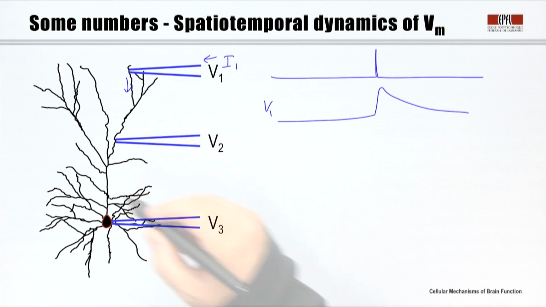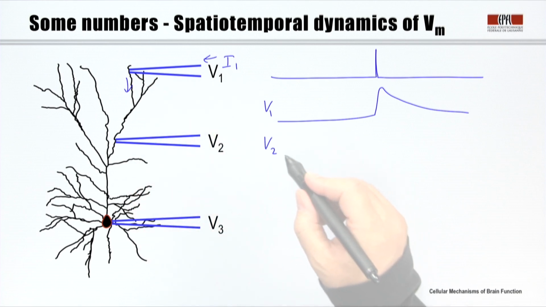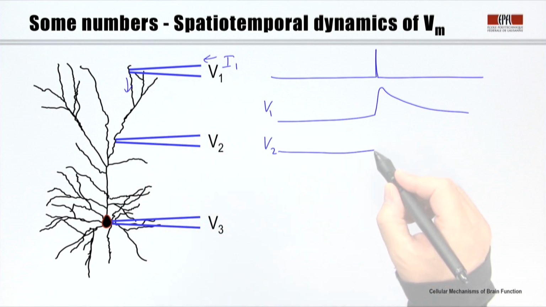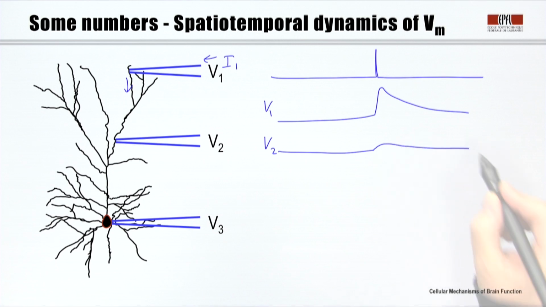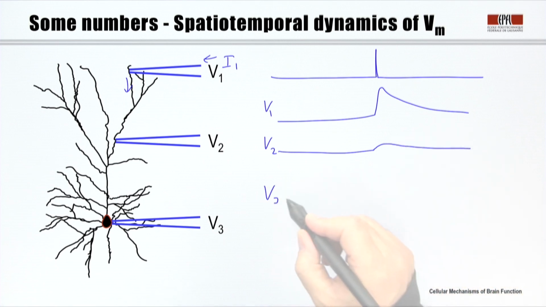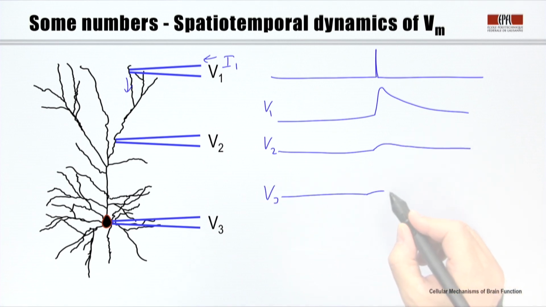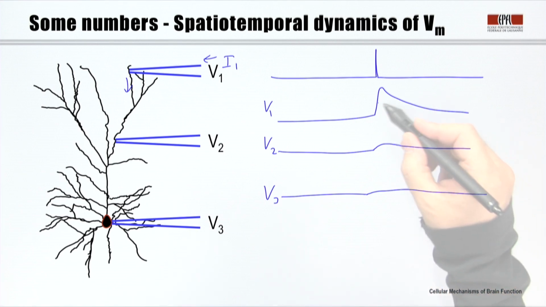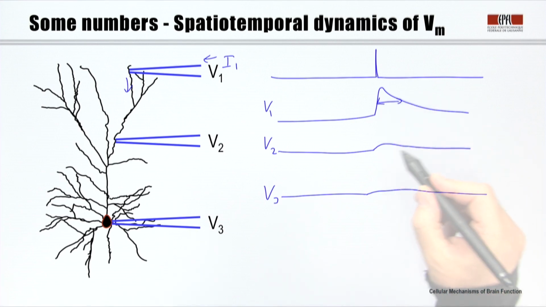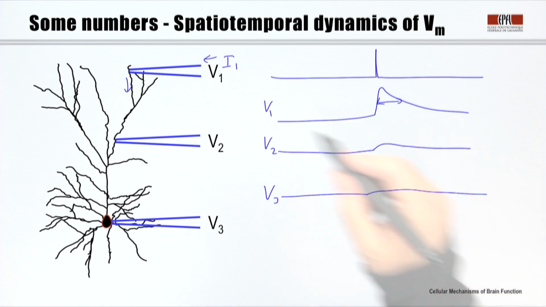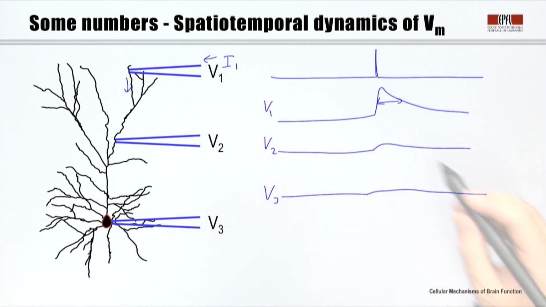What we see at electrode 2, however, is a highly filtered version of this, which is much slower, and electrode 3, if we see anything at all, is again slower and smaller. The half-time of these membrane potential changes is very different comparing these different locations.